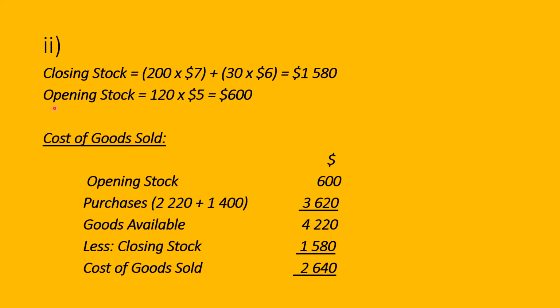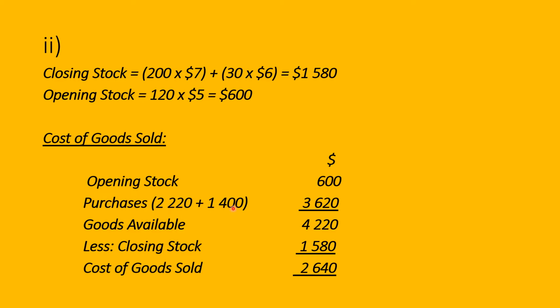In order to do the next part of the question, you're going to have to find the opening stock. The opening stock was bought at $5. We have 120 units, so that will give us 600. To get the cost of goods sold, we will add the opening stock to the purchases.